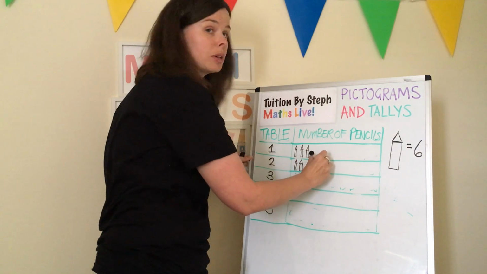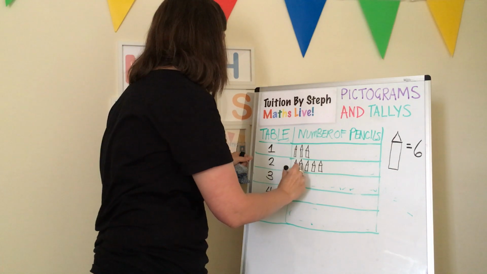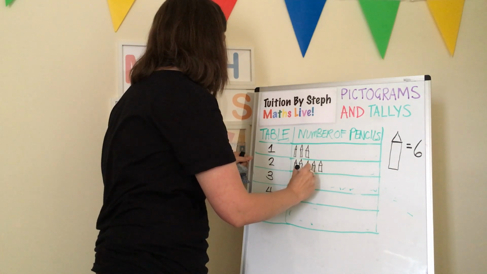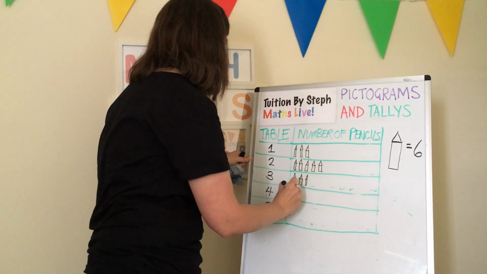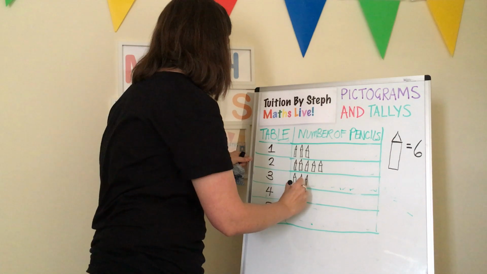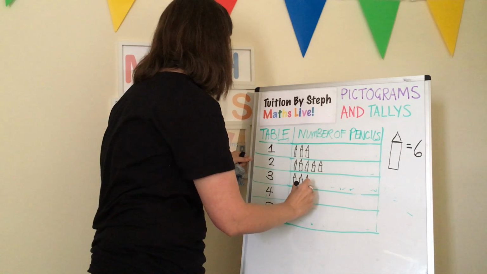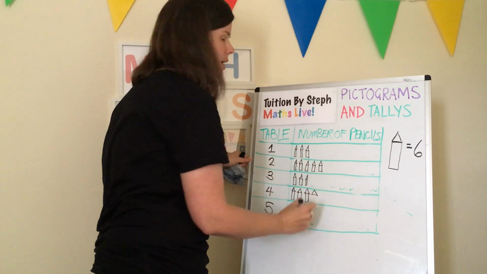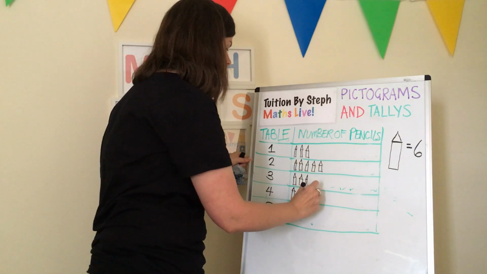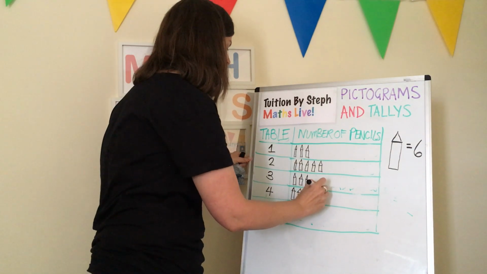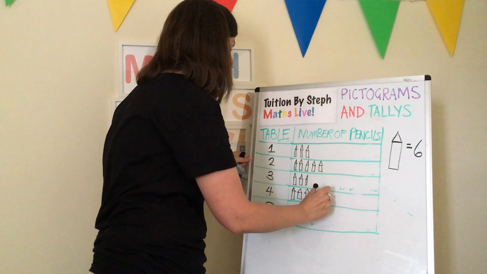You might want to count with me as I'm drawing. Now, obviously on a piece of paper, the pictures would be a lot neater, but obviously I've got to rush.